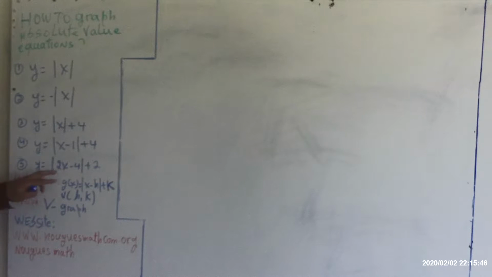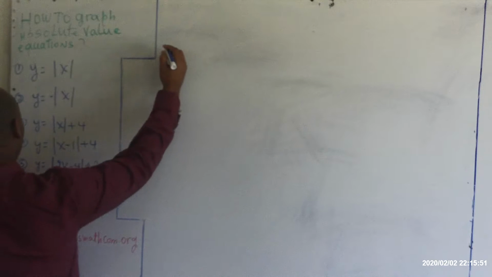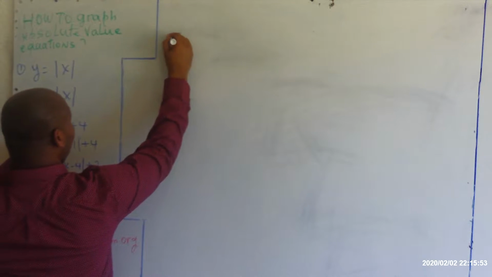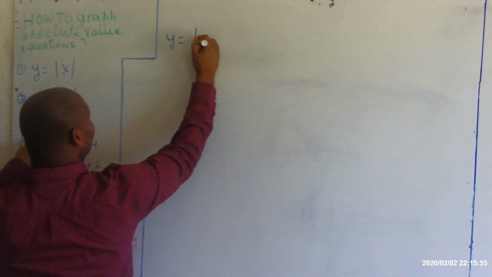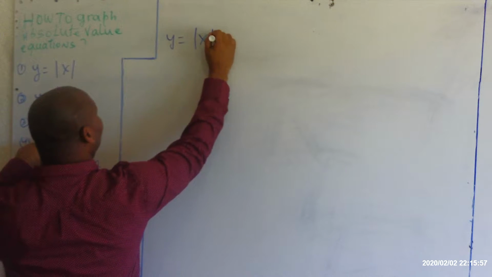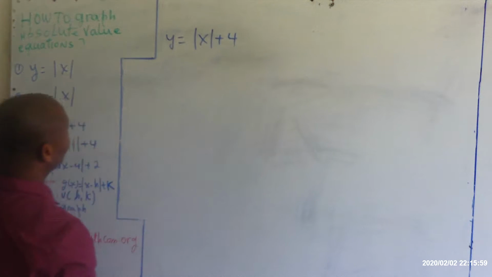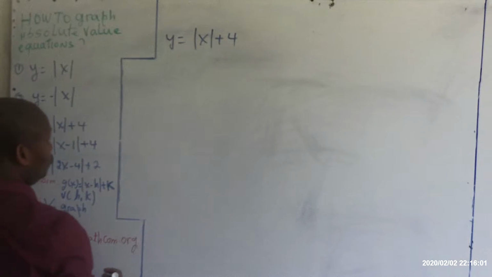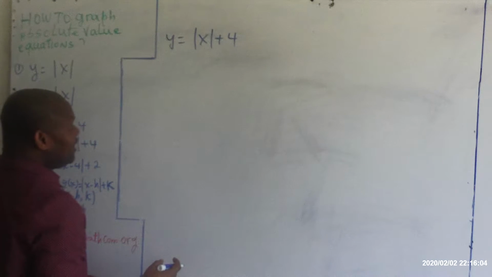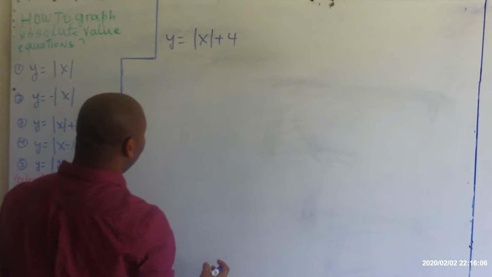Let's graph the third equation. This equation is y equals absolute value of x plus 4. To use the vertex, we don't have any problem now.